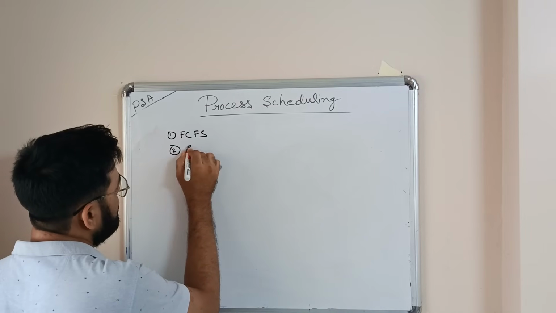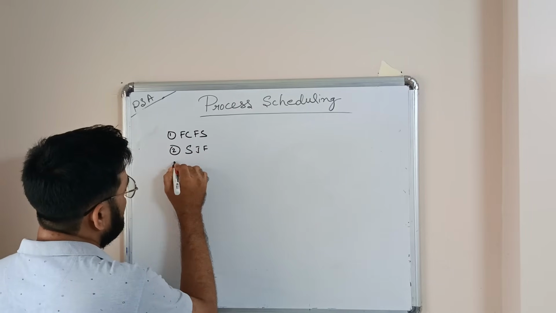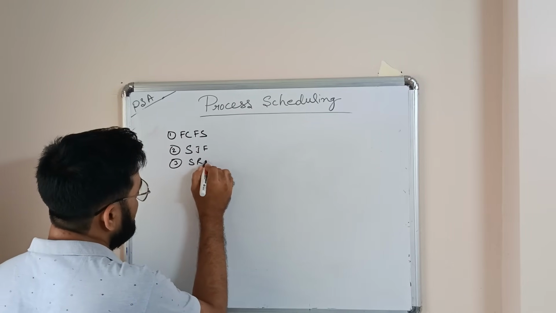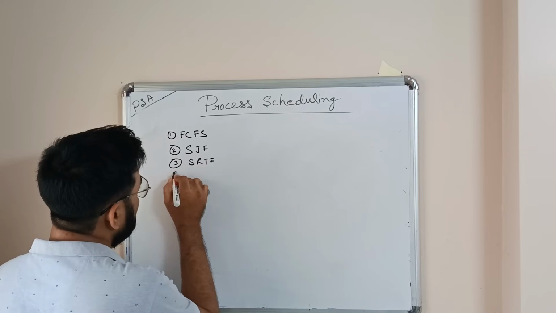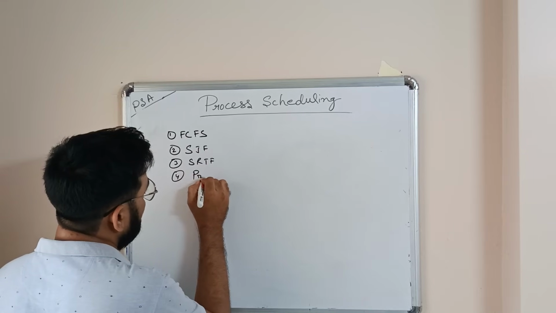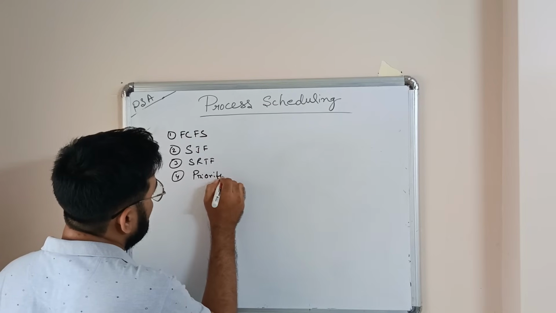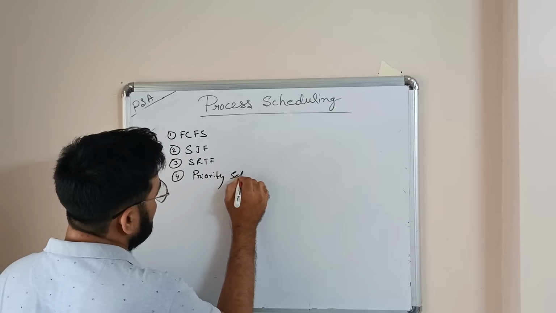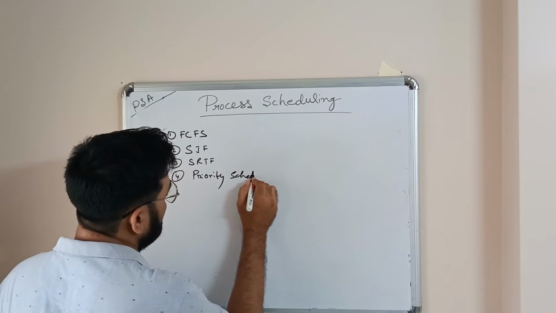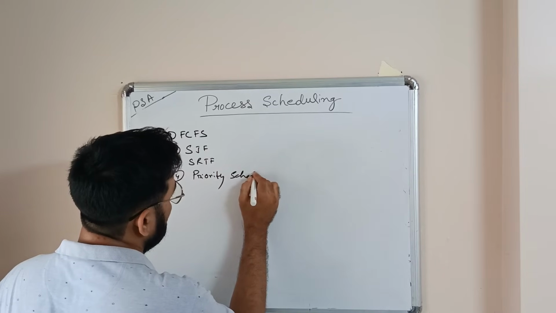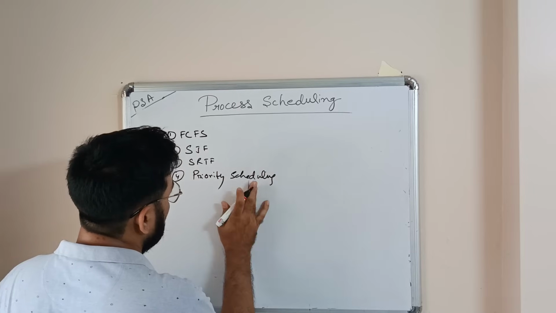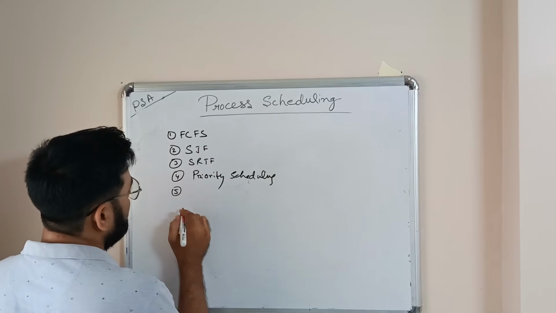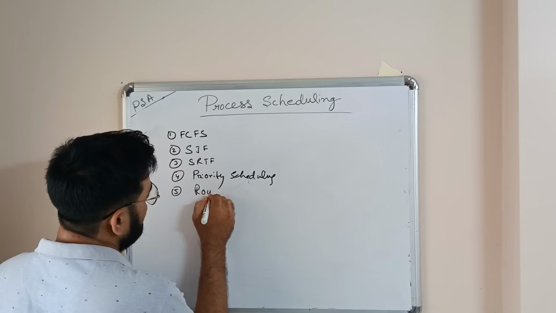The second type is SJF. The third type is SRTF. The fourth type is priority scheduling. The fifth one is round robin scheduling.